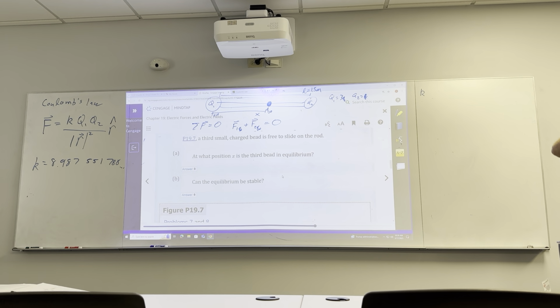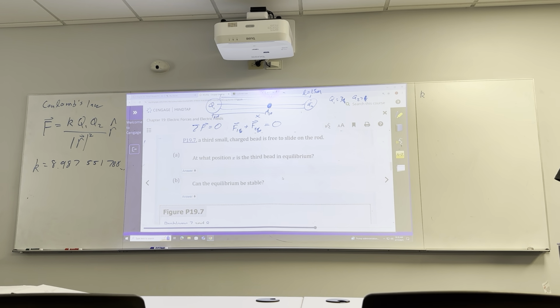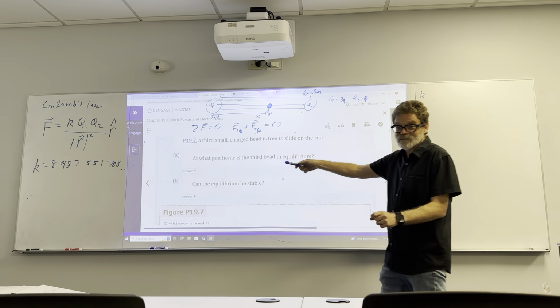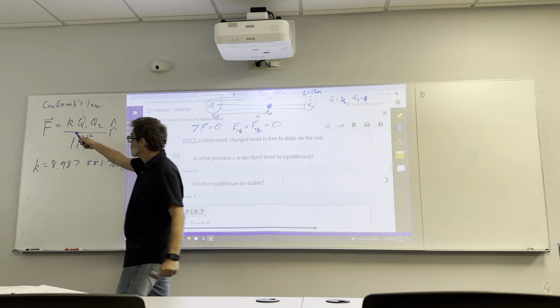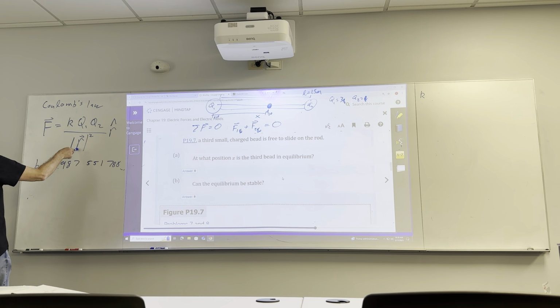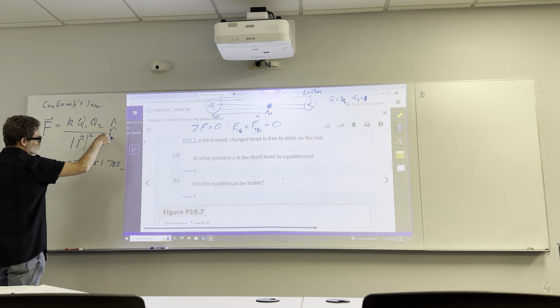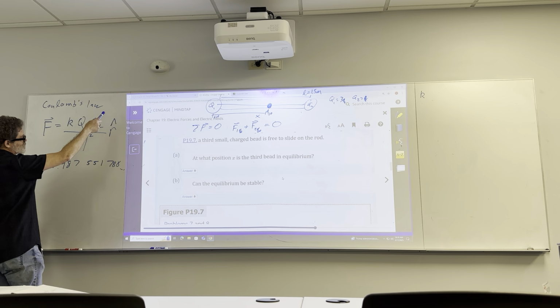Do you have the formula, Jim? Just plug into this: K Q1 Q0 over X squared in its direction, plus K Q2 Q0 over the distance squared.